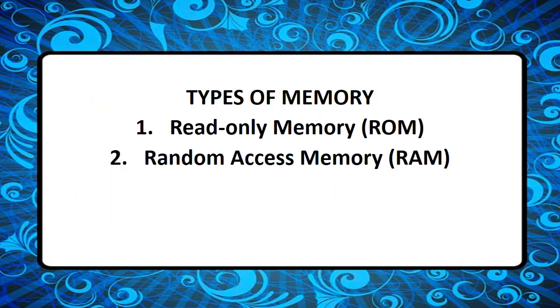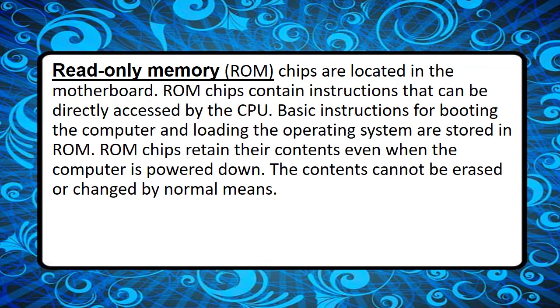So there are two types of memory. The first one is the read-only memory or ROM. And the second one is the random access memory or RAM. Let's talk about read-only memory or ROM. ROM are chips which are located in the motherboard.